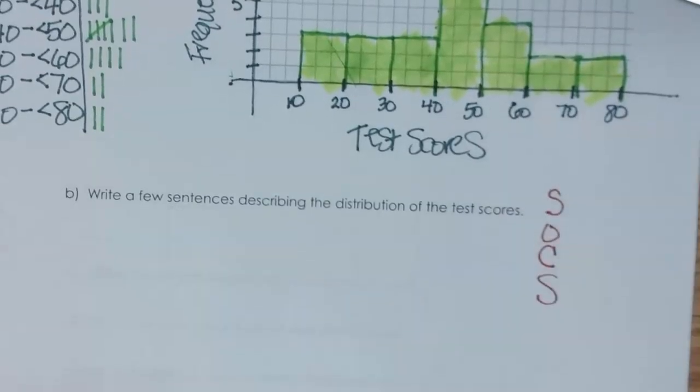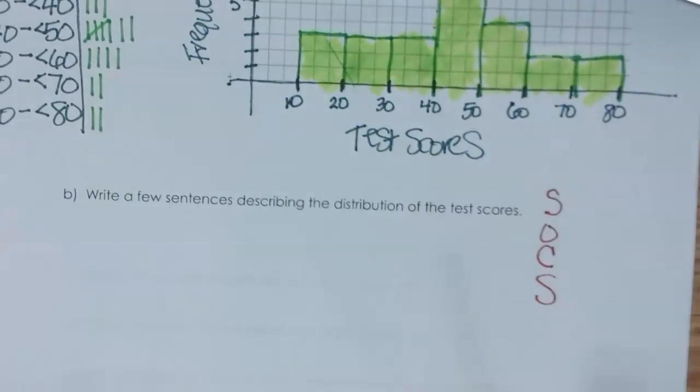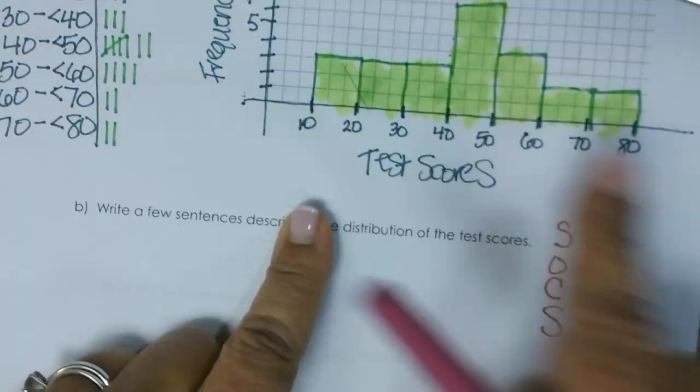And the thing with the histogram is that we can tell what the shape is pretty much from the histogram. What would you say the shape is? I think it folds down the middle pretty nicely. And so I could say that this is roughly symmetric.